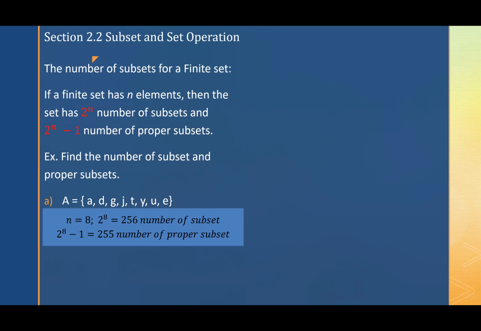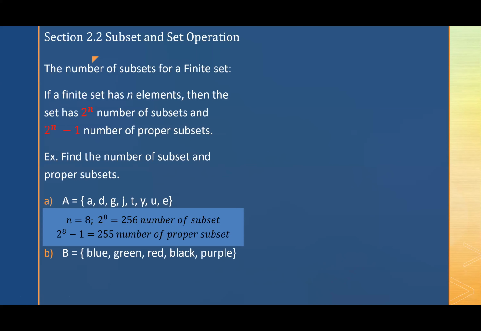The number of proper subsets is 255, which is 2 to the 8th power minus 1. And why minus 1? Because of the set itself. This set, A, D, G, J, T, Y, U, E, cannot be a proper subset because they are equal. Reminder, in order to be a proper subset, the two sets cannot be equal. They are a subset and also not equal, okay?